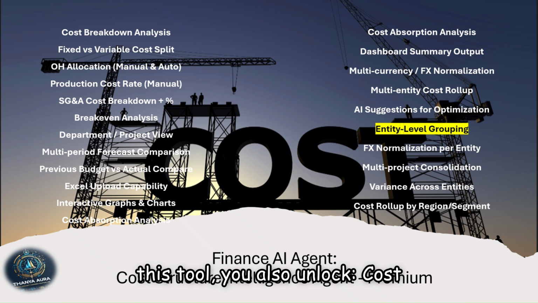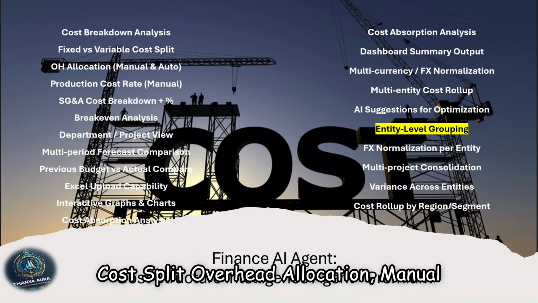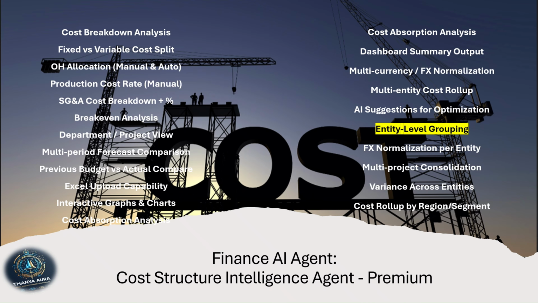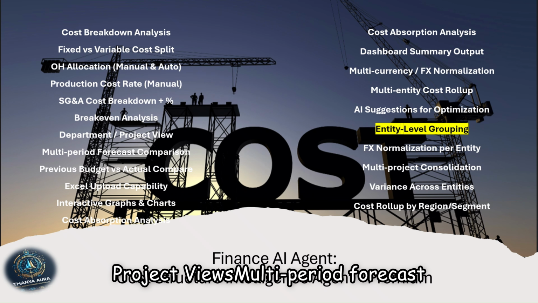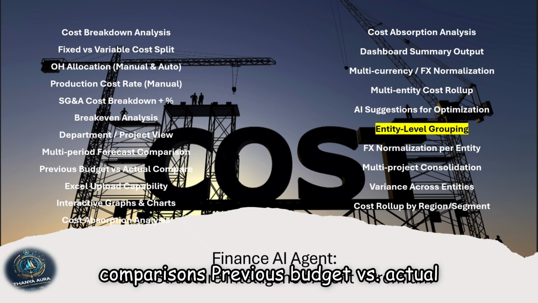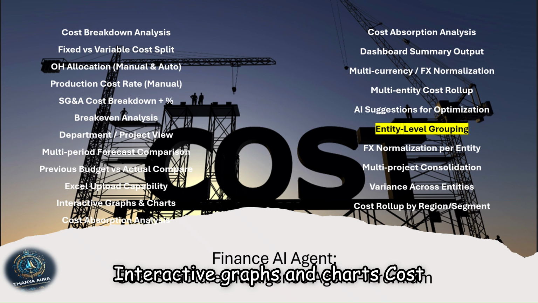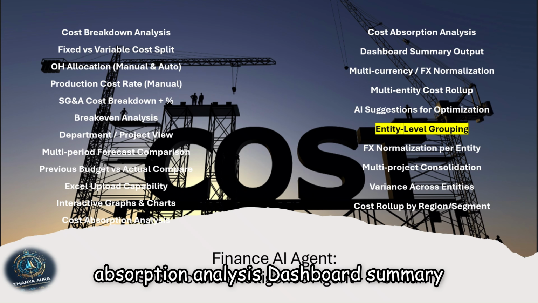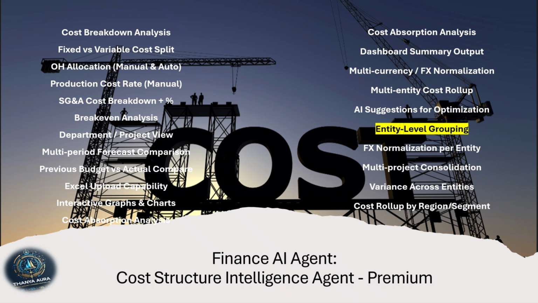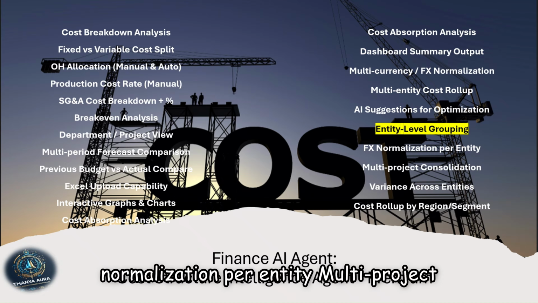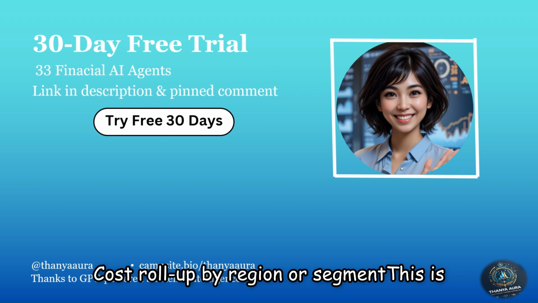With this tool, you also unlock cost breakdown analysis, fixed versus variable cost split, overhead allocation, manual and auto, production cost rate, SG&A cost breakdown and percent trends, breakeven analysis, department and project views, multi-period forecast comparisons, previous budget versus actual comparisons, Excel upload capability, interactive graphs and charts, cost absorption analysis, dashboard summary outputs, multi-currency/FX normalization, multi-entity cost roll-ups, AI suggestions for optimization, FX normalization per entity, multi-project consolidation, variance across entities, cost roll-up by region or segment.